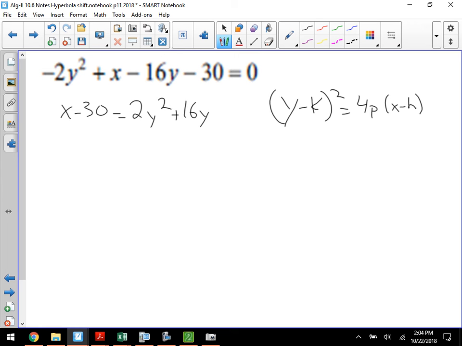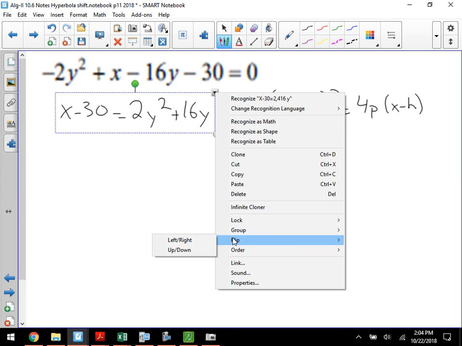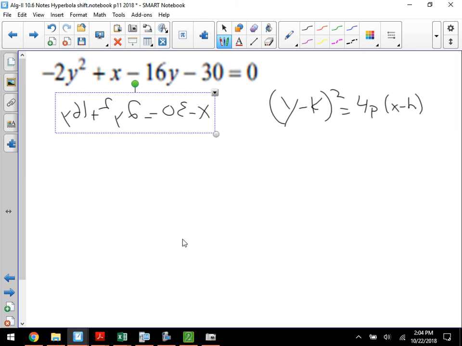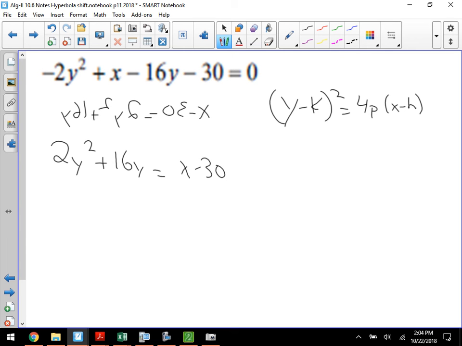Now, is there anything that says that I can't flip this? Is there any rule that says I can't just flip them to the other side? So I just rewrote it on the other side because that's what we're used to seeing in terms of the formula. You okay with that? Okay.